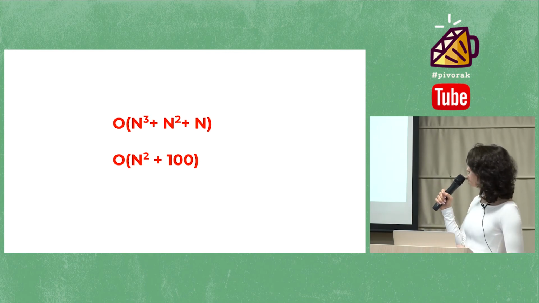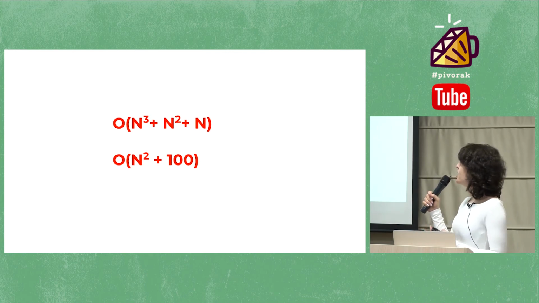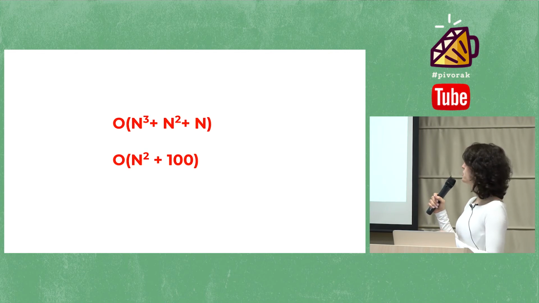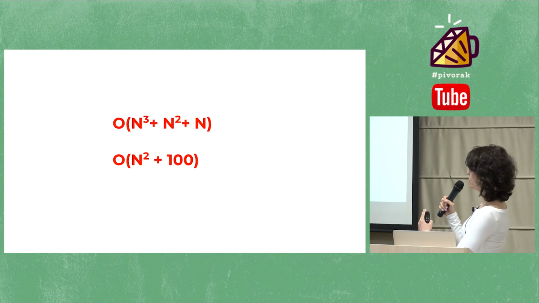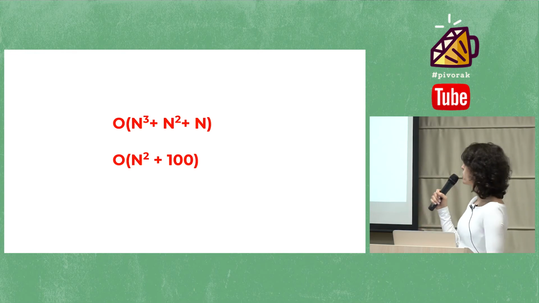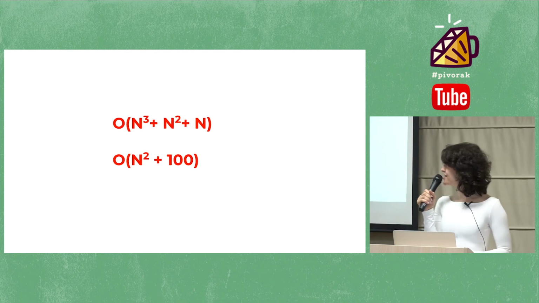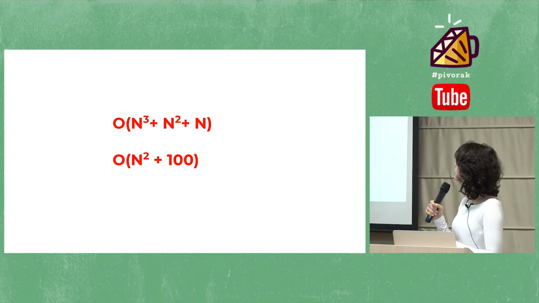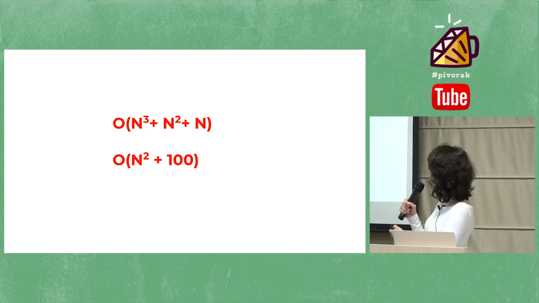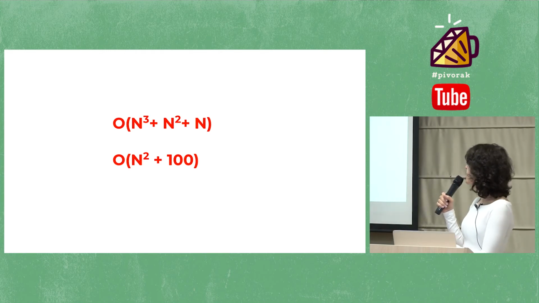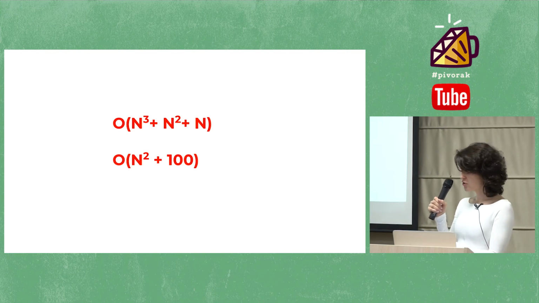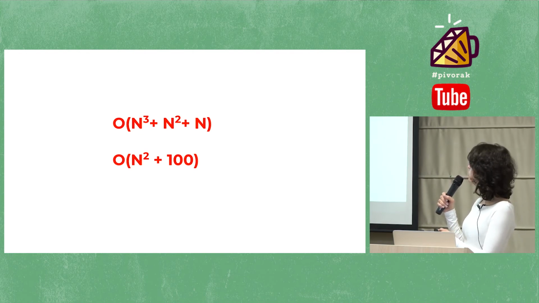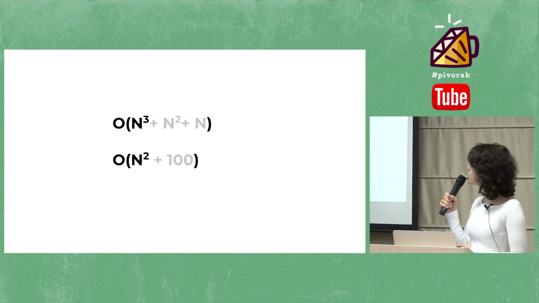As we approach infinity with n, the less dominant terms, the functions that are rising slower, will begin to have less and less impact. And the only thing that will drive the slope of that graph will be the dominant term, n to the power of 3, or n to the power of 2. So if you're tempted to judge your complexity as this complex equation, just simplify it and drop everything except for the dominant term.